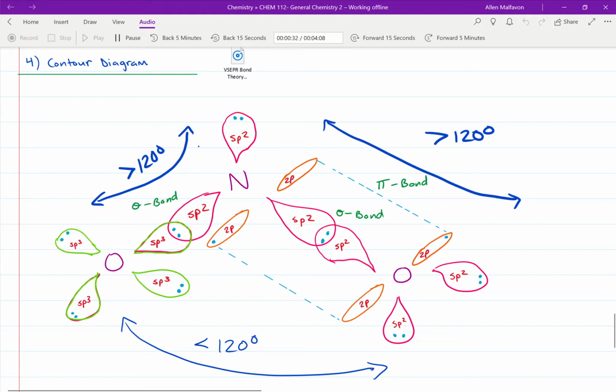So we see that nitrogen has 3 sp2 orbitals. It has 1 lone pair above it and 2 electron pairs that are shared with either of the oxygen atoms. The oxygen atom on the right has, in addition to the sigma bond formed between the sp2 orbital of nitrogen and the sp2 orbital of oxygen, a pi bond, which I have drawn in orange.